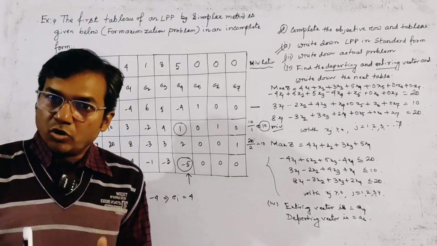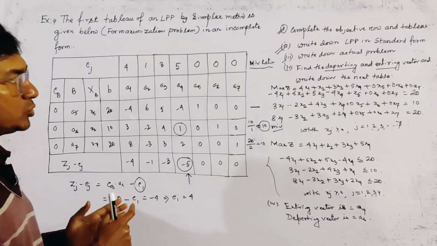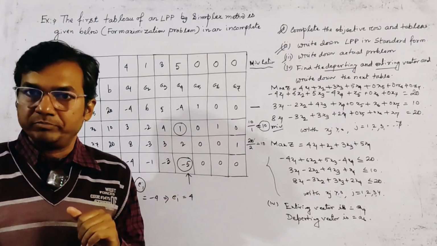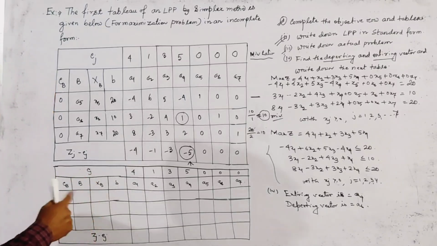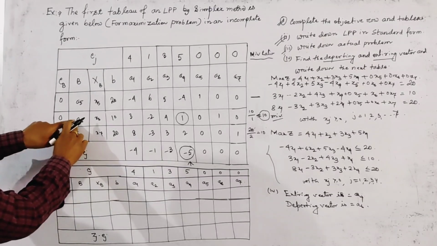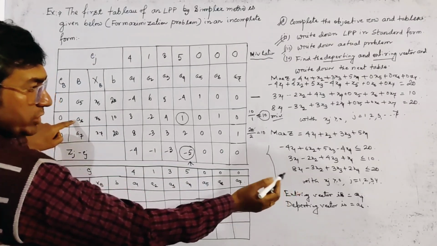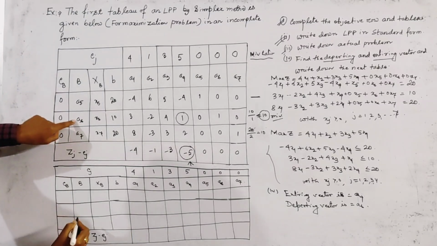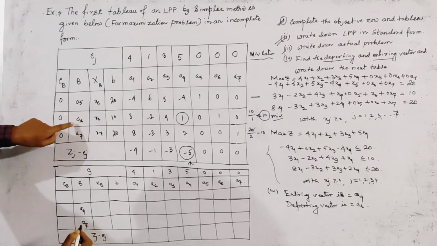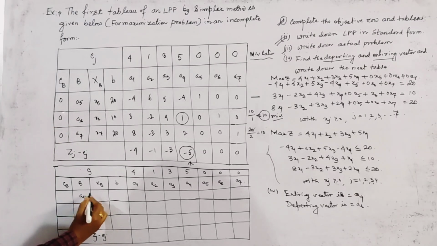So we first draw a simplex table to write down the next simplex table of this problem. This is the next simplex table we have already drawn here. Now we first fill the basis column. Here A6 is the departing vector and A4 is the entering vector. So we first put A4 in place of A6, and the other vectors are the same. This is A7 and this is A5.